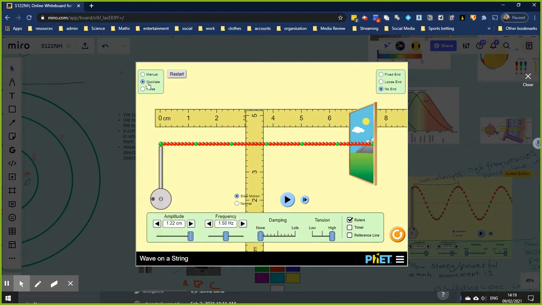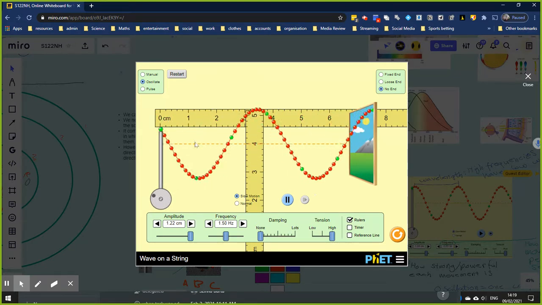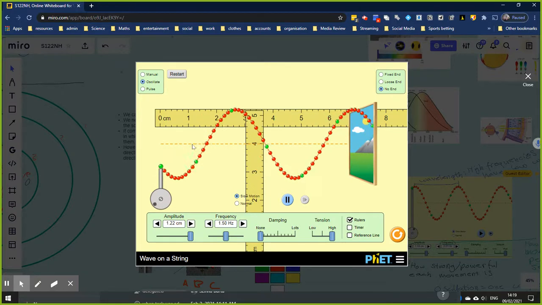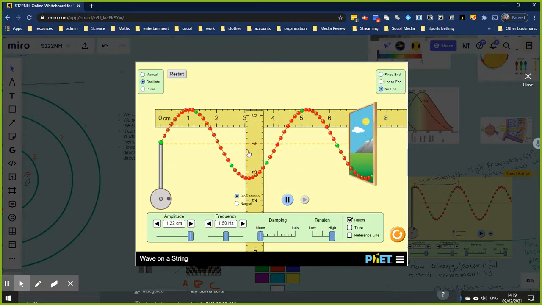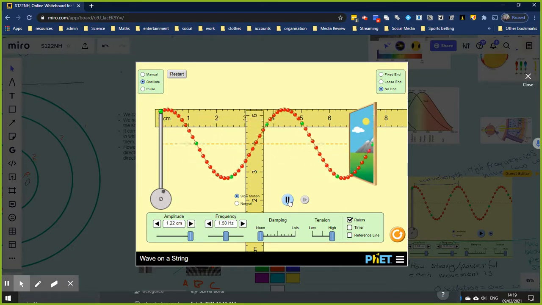And if I set up an oscillation, then when I start the oscillation, it's going to move from that point. And so this dotted line is where the string would be if there was no oscillation, if there was no movement. So we can measure the size of that wave using this ruler here.